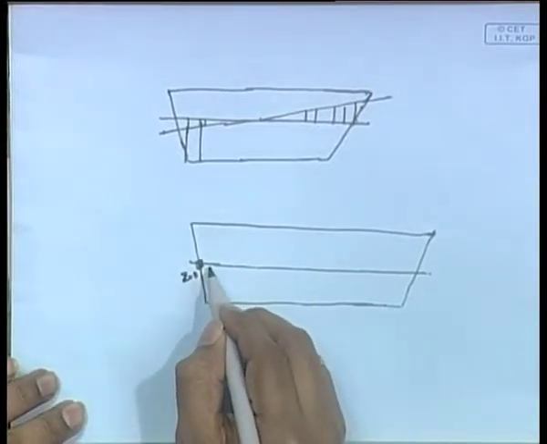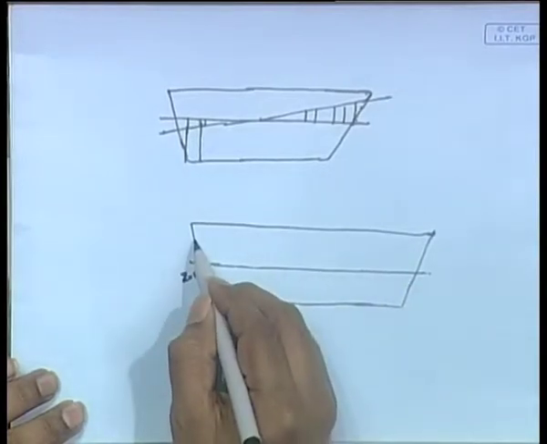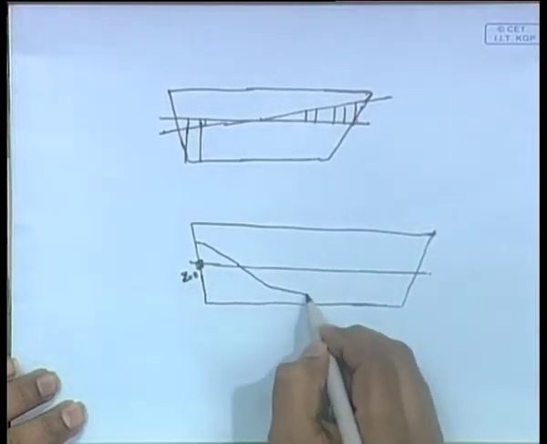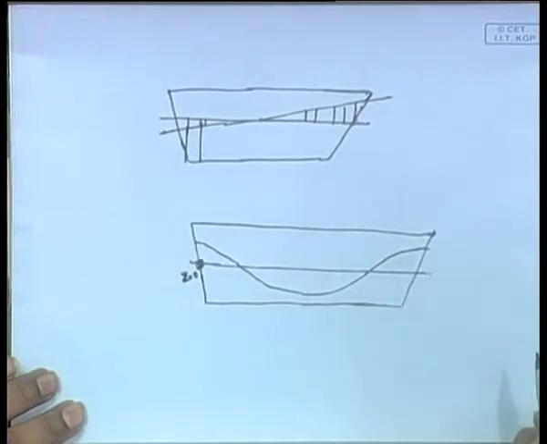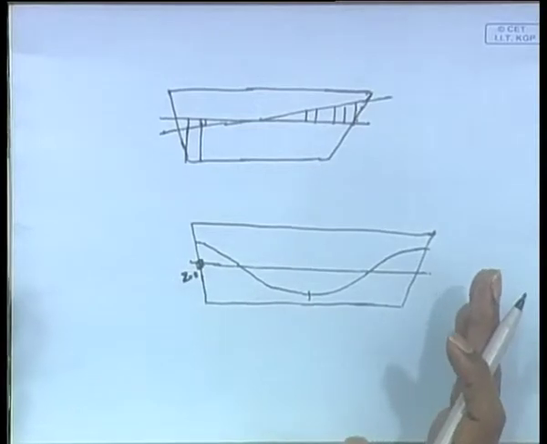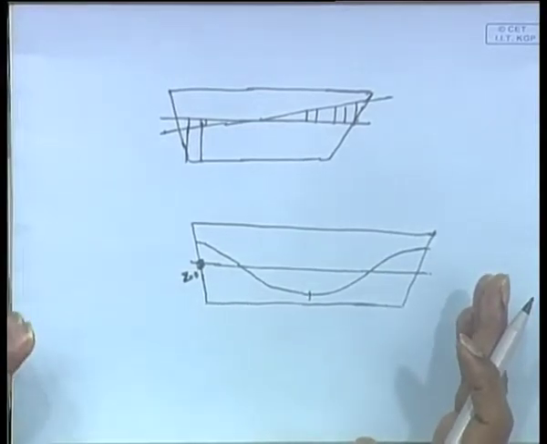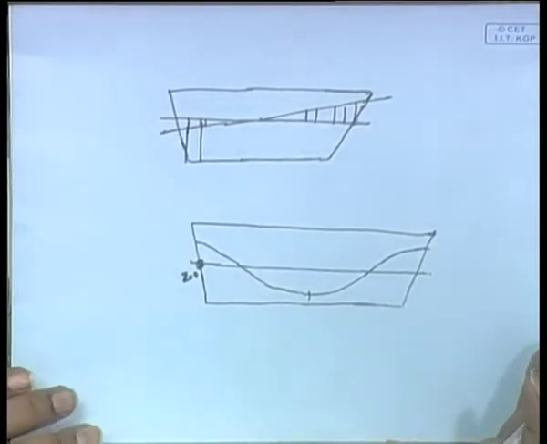You assume that the center of the circle moves like this, and therefore it traces out a path like this. The wave becomes in this form, you have a wave. So, you end up with a sagging wave in this case. Of course, it depends upon the type of problem you are encountering, whether you are doing a sagging wave or a hogging wave, that is entirely up to the ship designer to decide which wave he should choose.